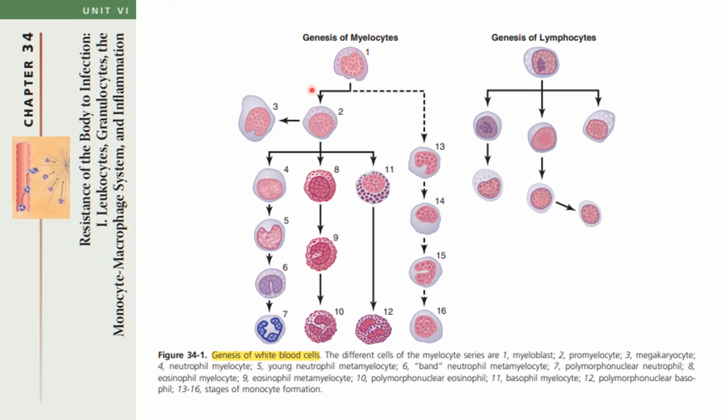Genesis of myelocytes begins with the myeloblast, which divides to form megakaryocytes and promyelocytes. In this stage, the myelocytes will develop, then metamyelocytes will form, band neutrophils will form, and then you will have neutrophils. Here, from genesis of myelocytes, neutrophils, eosinophils, basophils, and monocytes will be formed.